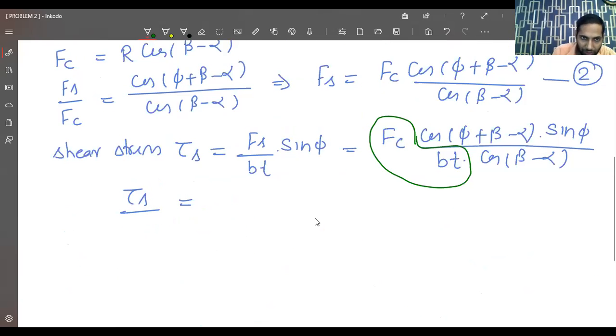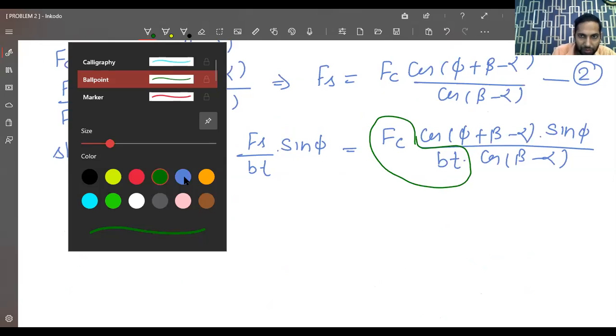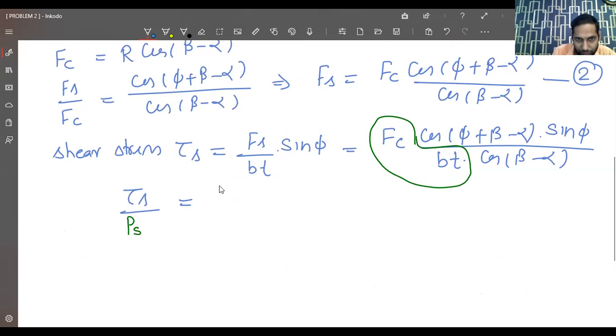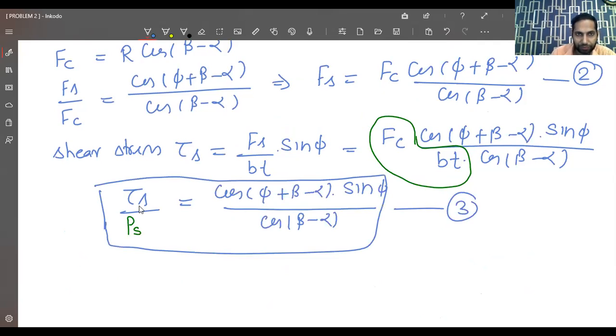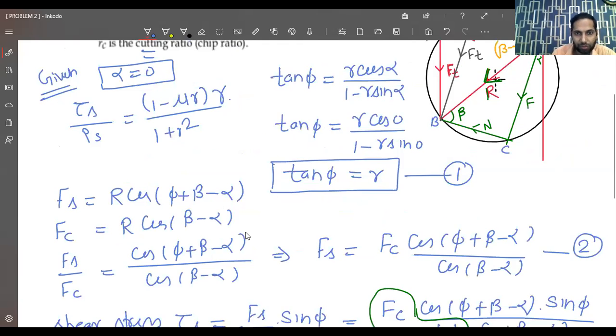So now I can write here tau s by Ps is equal to cos (phi plus beta minus alpha) into sin phi over cos (beta minus alpha). This is our equation number 3. Clear? Up to this point I don't think there will be any problem.